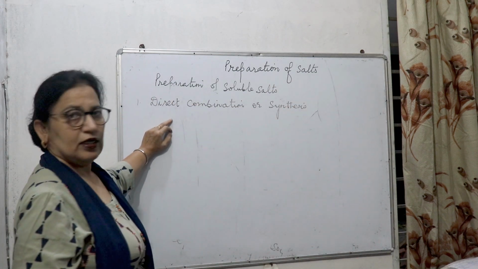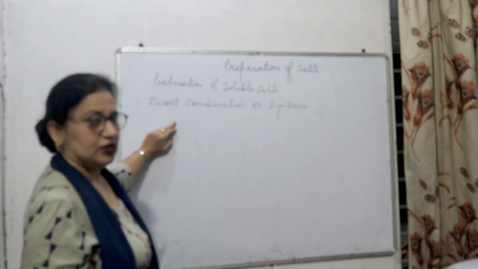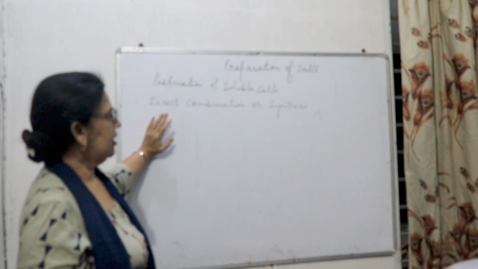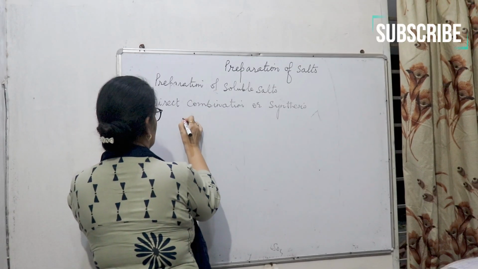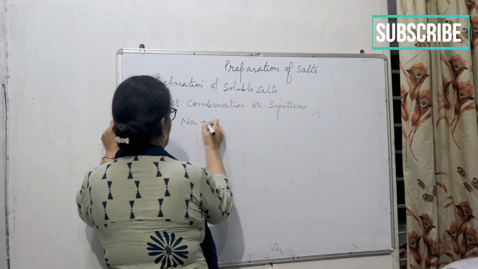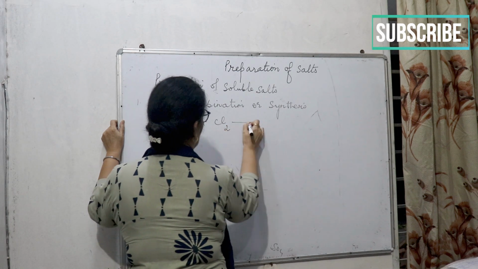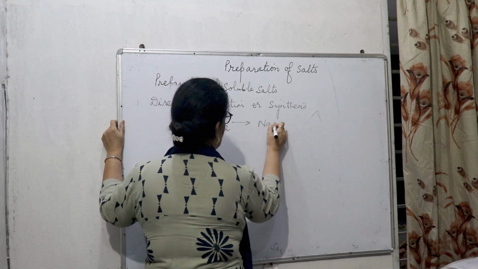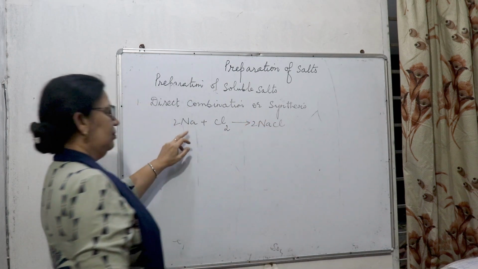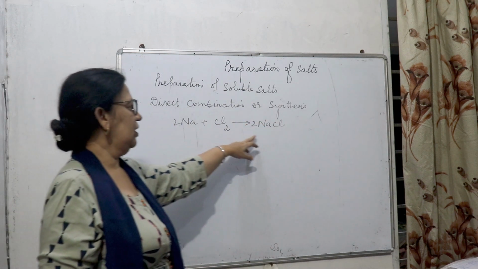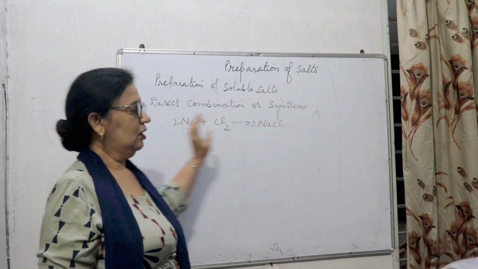We know what is direct combination: when one element combines with the other element. Like Na plus Cl2 gives NaCl. So this is direct combination of sodium and chlorine, giving the salt sodium chloride.